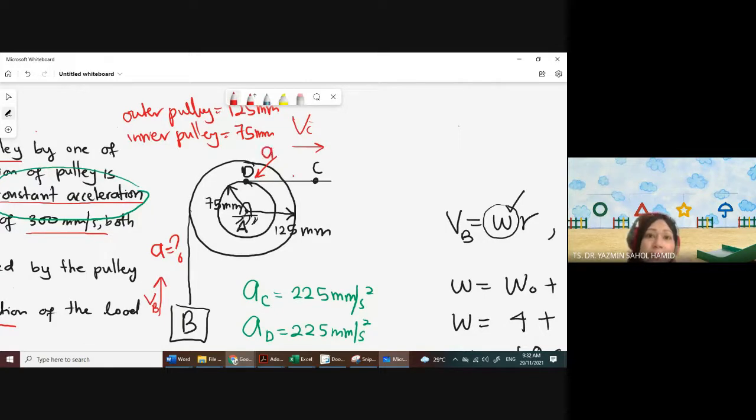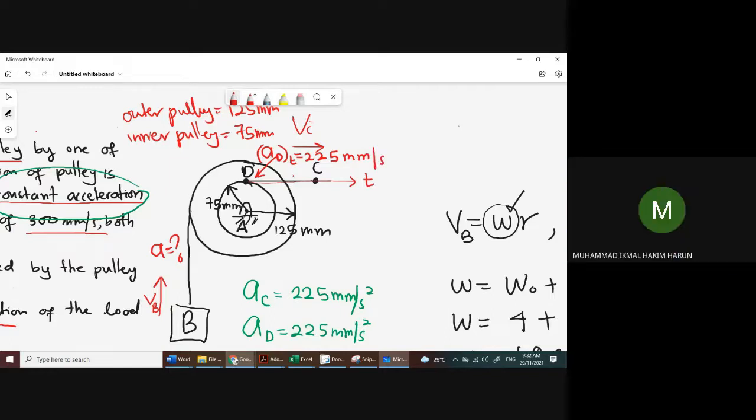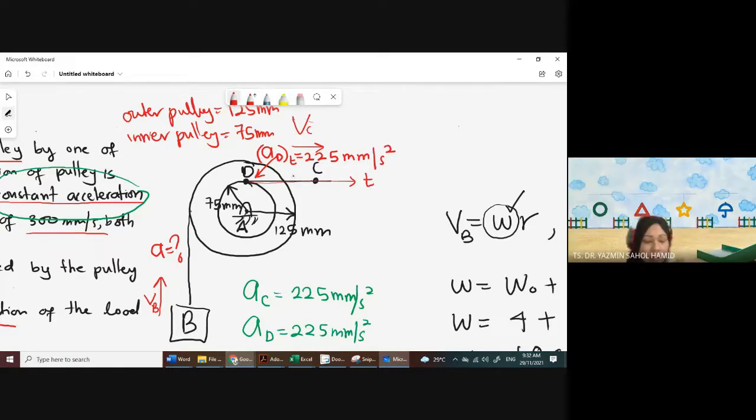Ni, A. 225. Okay, so acceleration kat sini, ini T maksudnya ini arah T, tangent to the path. So acceleration T, A_DT ni sebenarnya berapa tadi? 225 millimeter per second squared.